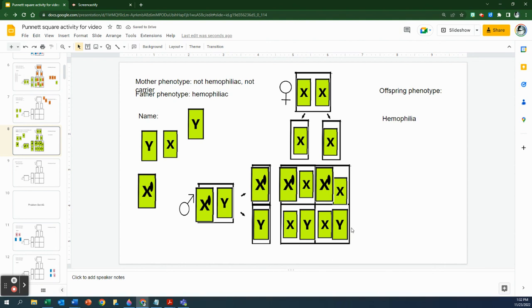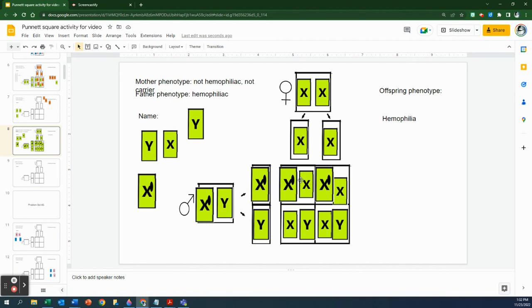And as you can see, the father's sons are not affected in any way, shape, or form. The father's daughters are affected, but none of them are hemophiliacs. What they are instead is carriers.